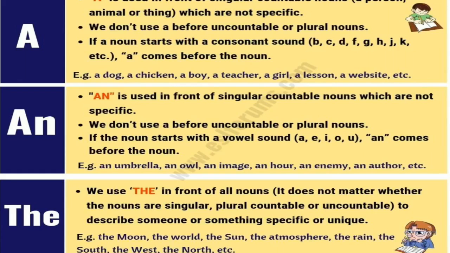It can be used before the names of rivers, places, islands, mountains, newspapers. It can also be used for certain books, for example the Ramayana, the Vedas, the Mahabharata, the Puranas, the epics. And it can be used with nouns that are unique: the earth, the moon, the sun, the Milky Way, etc.